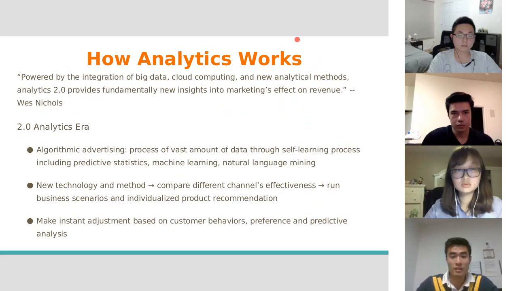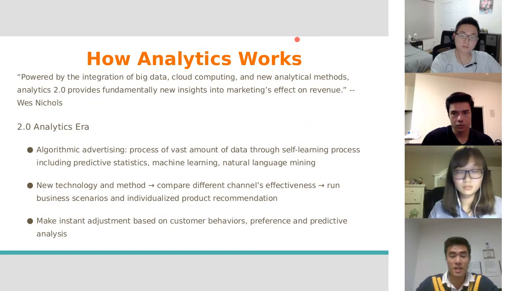Stepping toward the 2.0 analytics era, that's where, in our opinion, analytics for this industry is at. Advertising now processes a vast amount of data through a self-learning process, including predictive statistics, machine learning, and natural language mining.